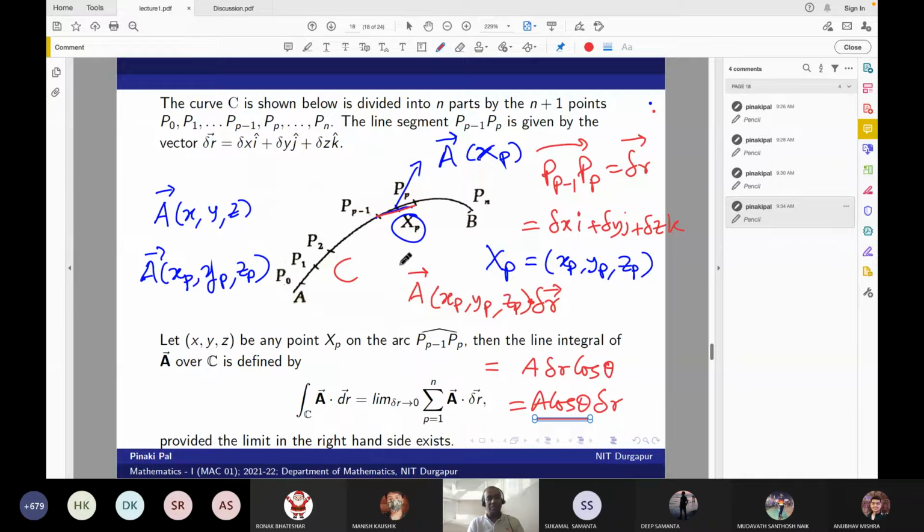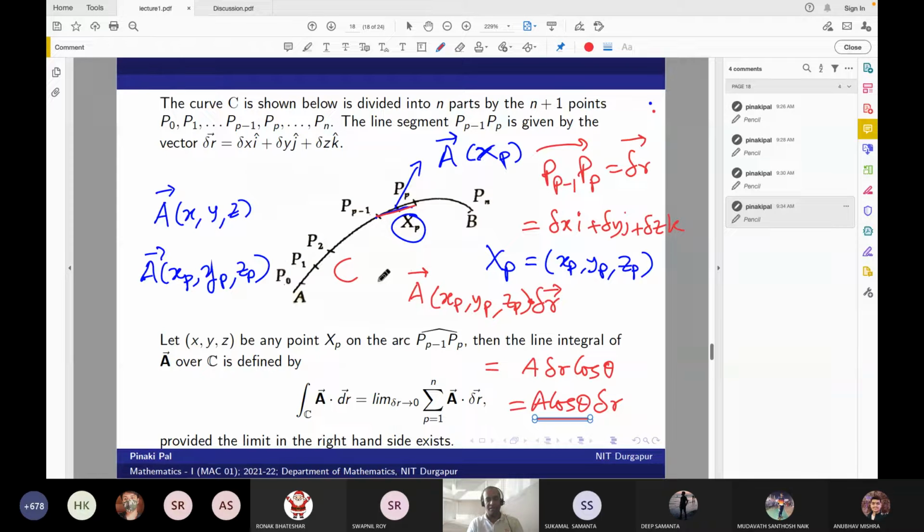Why do we use the dot product in line integral? We want to project the A vector over the delta R vector. Yes, this is one type of line integral; there can be other types. The basic thing is that you have to involve the vector in a way which may be useful to explain some physical quantity, like work done.